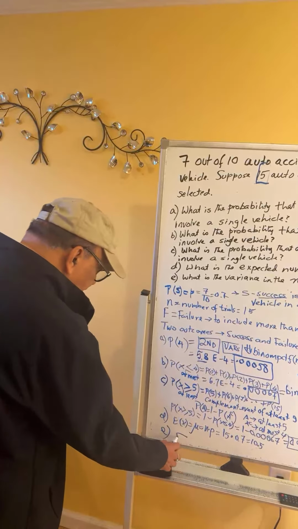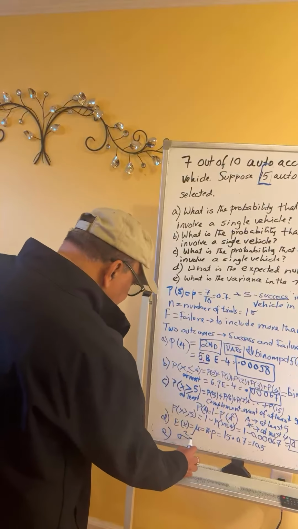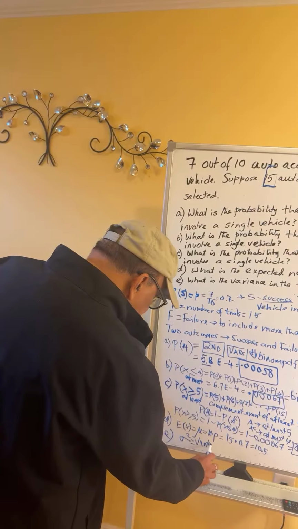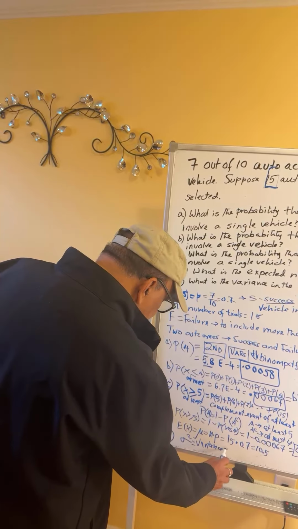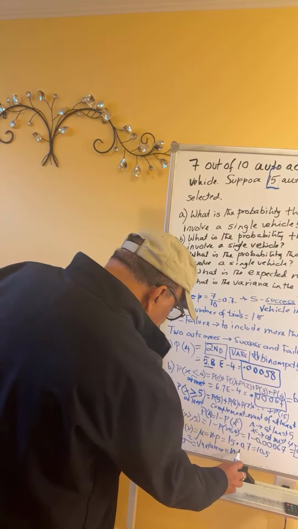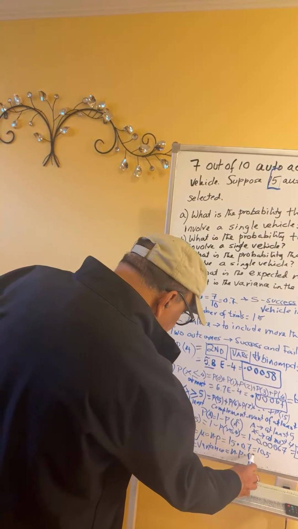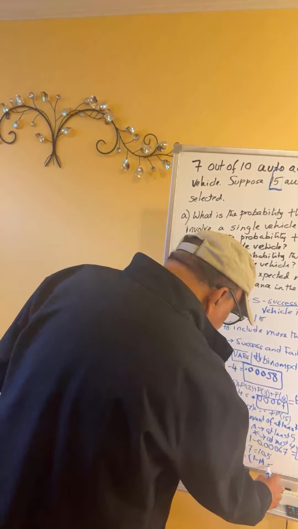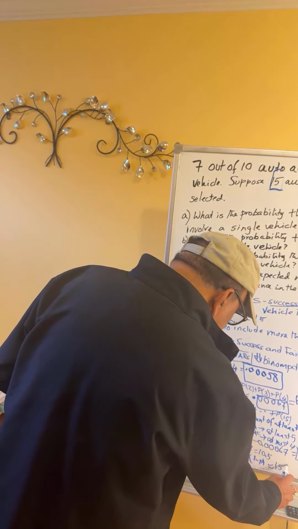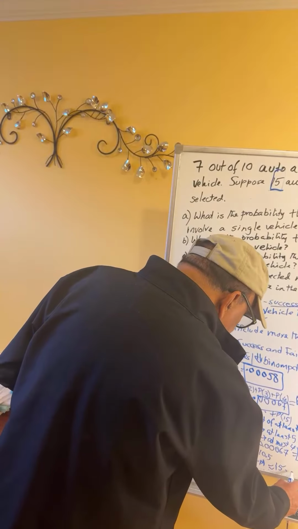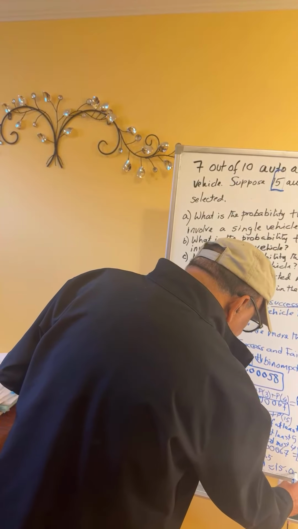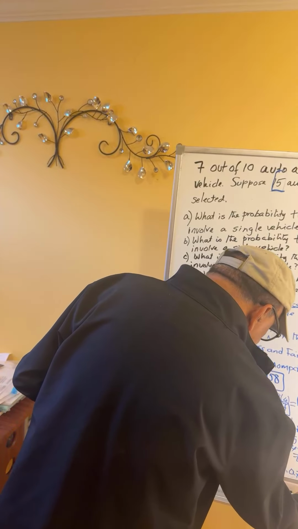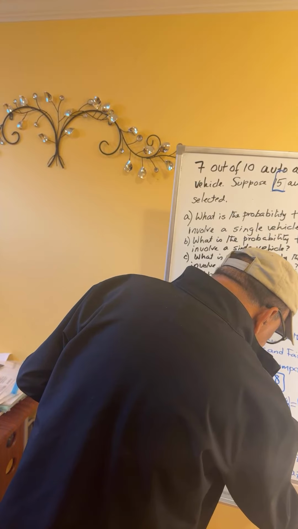Okay. Part E asks for variance. The formula for variance, sigma squared, is n times p times 1 minus p. In my case n is 15 because 15 auto accidents were selected at random. Probability of success is 0.7, times left parenthesis 1 minus 0.7, right parenthesis, and enter.